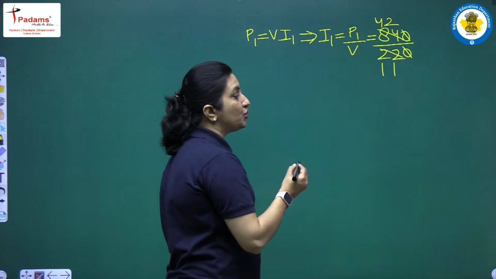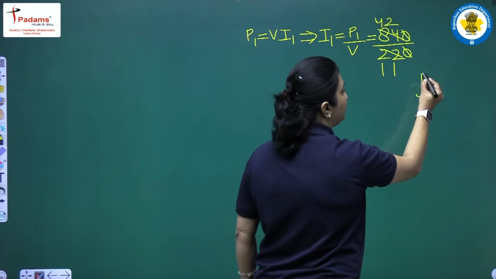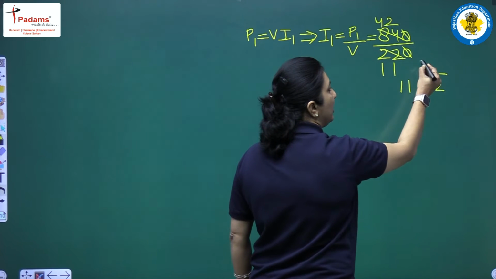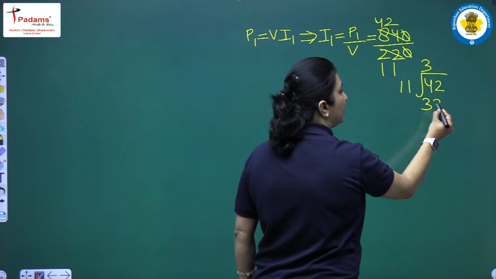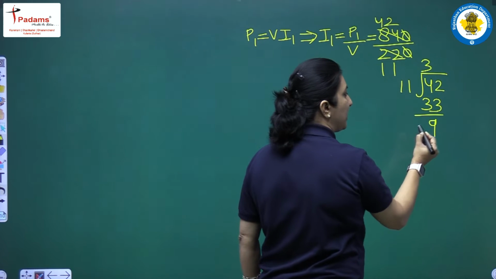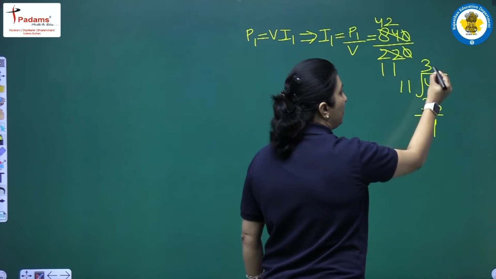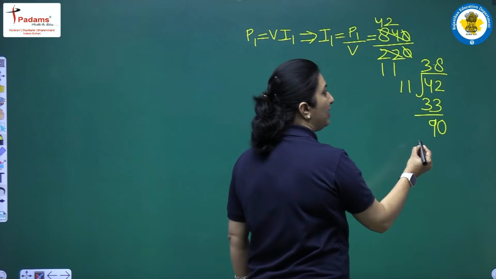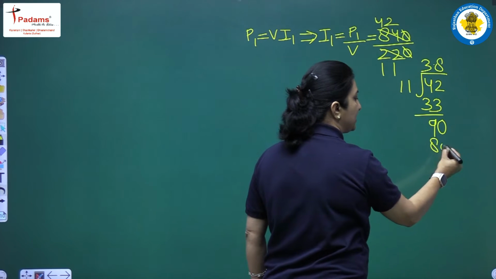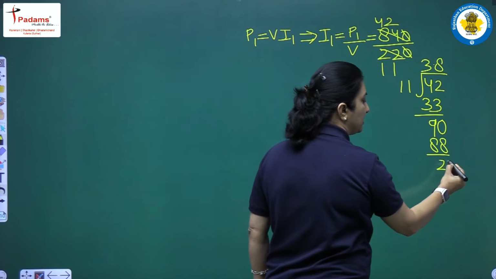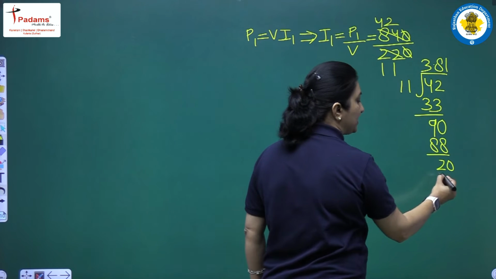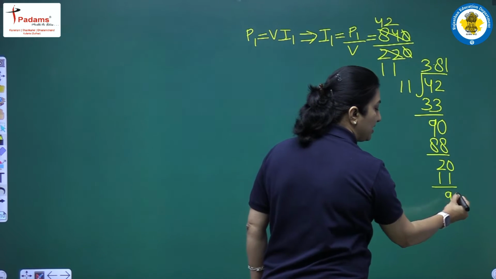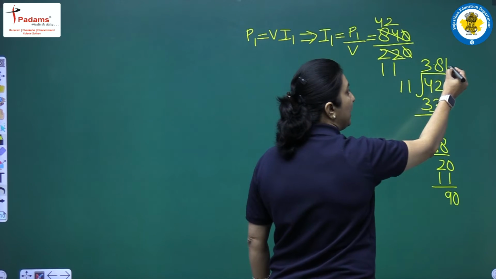Now on solving this, students, I can solve it here. 42 divided by 11. So 11 3s are 33. I am left with a 9 and then on putting a decimal over here, I'll have a 90, then 11 8s are 88, I'll be left with a 2, so I'll have a 20, 11 1s are 11, and here I'll be left with a 9, so here I'll have an 8 again.